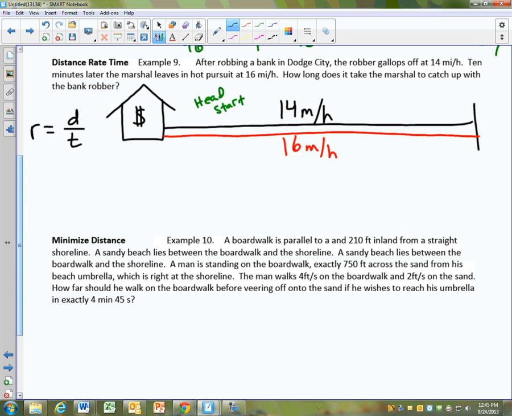So what we have here is the marshal distance and the robber distance. And you told me that those are going to be equal to each other, right?